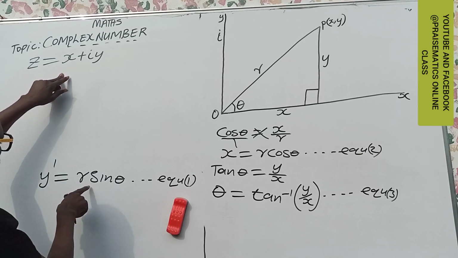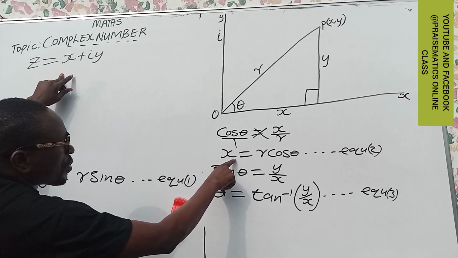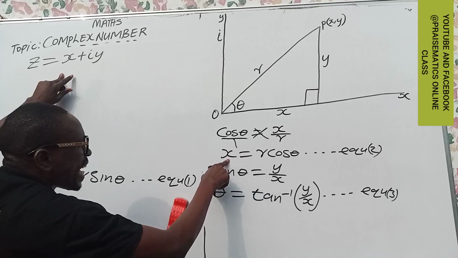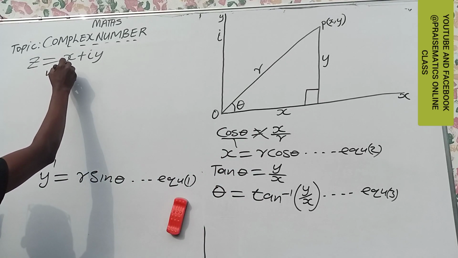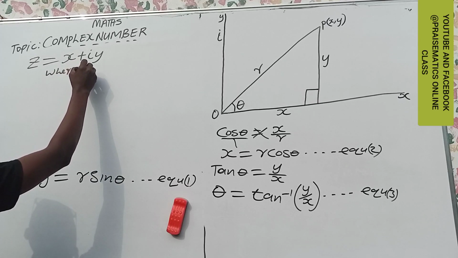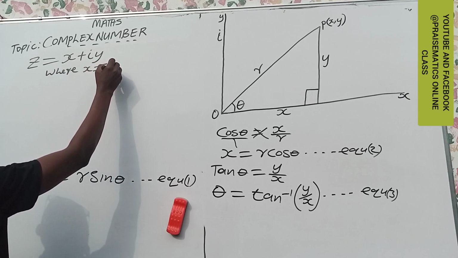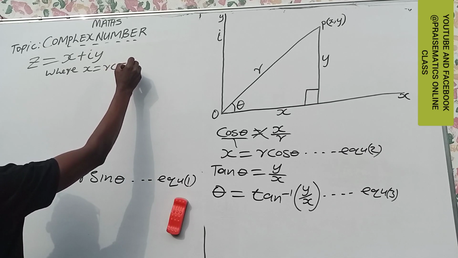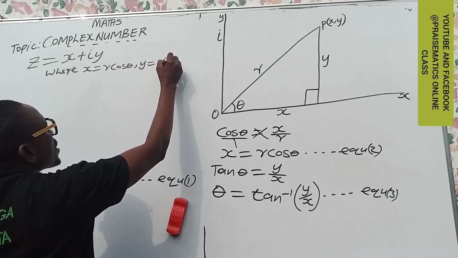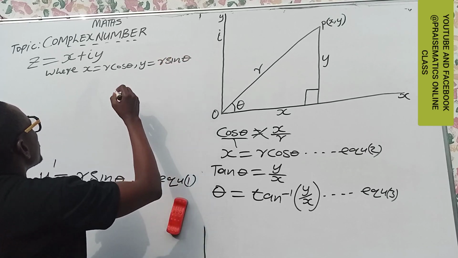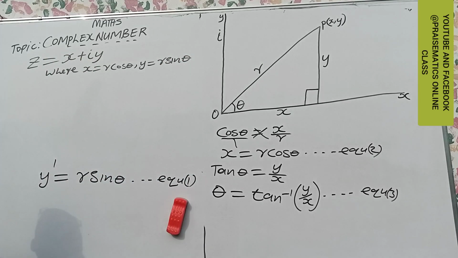How do we do it? From equation 2, we have that X is equal to R cos theta, and Y is equal to R sine theta. So we replace it in the above equation.